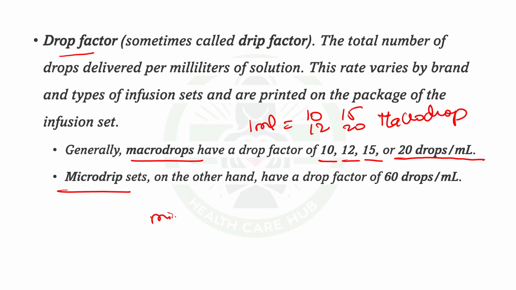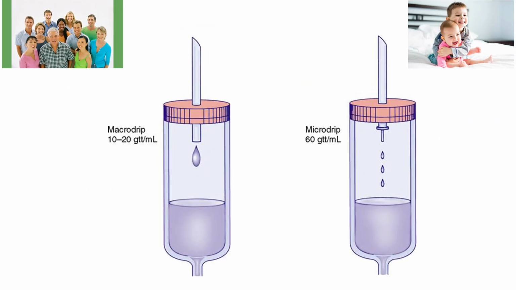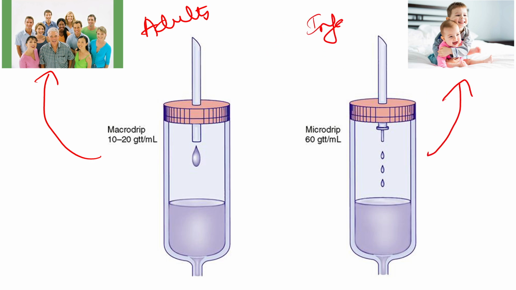Whereas the micro drop set has 60 drops in 1 ml. The macro drop set we usually use in adults, whereas the micro drop set we use in infants and children.